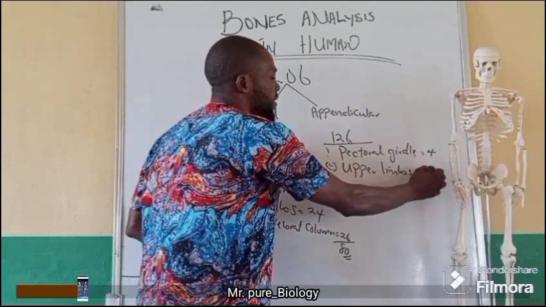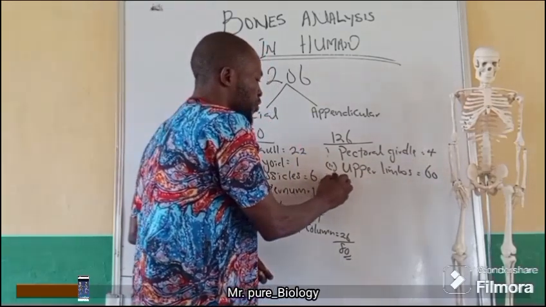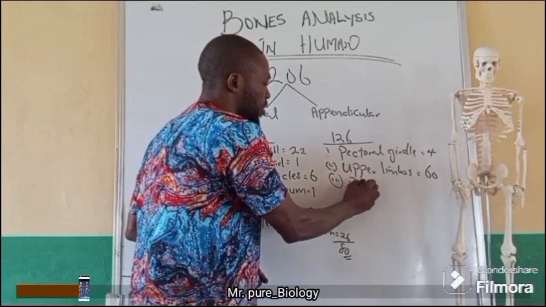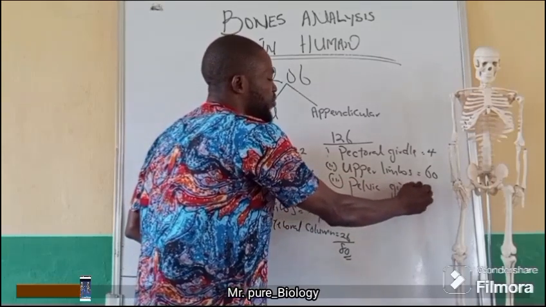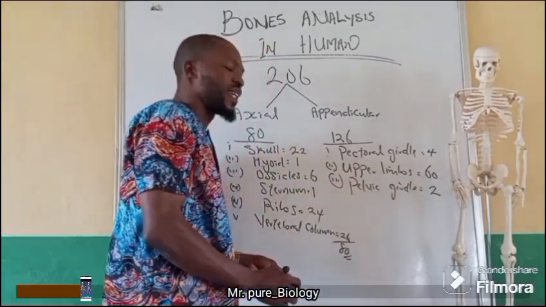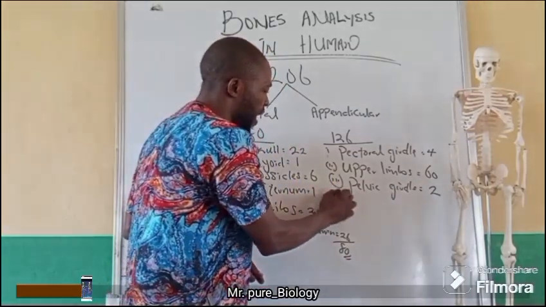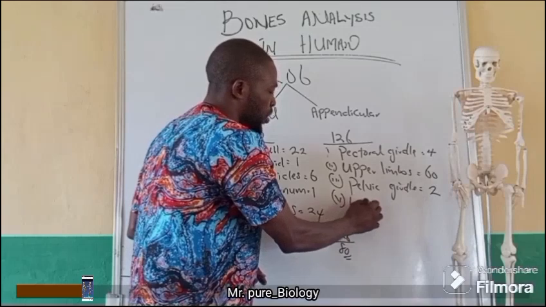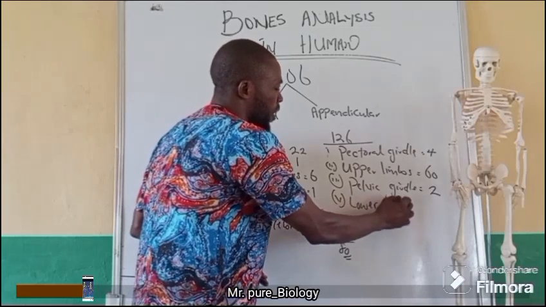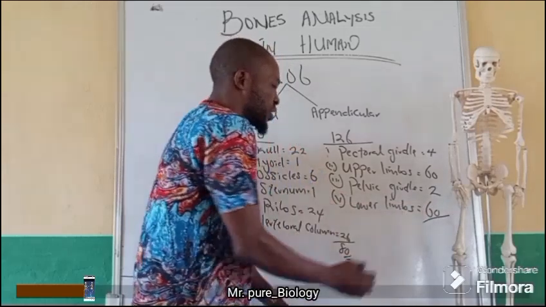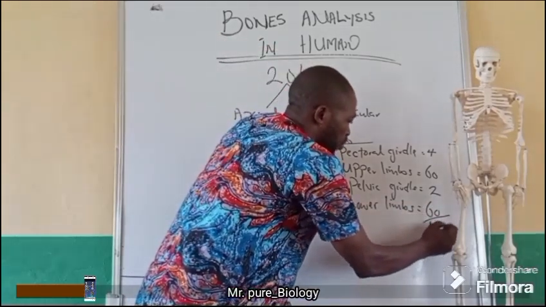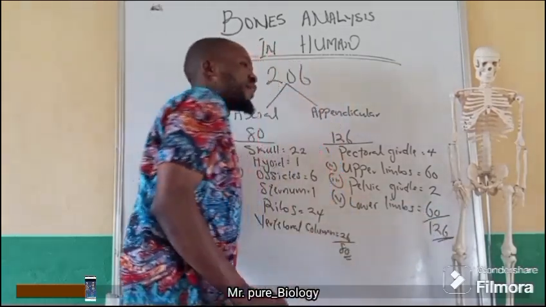Upper limbs are 60 bones. Then we also have the pelvic girdle. Pelvic girdle is 2 bones. Now the last one we have is the lower limbs. Lower limbs are also 60 bones. By calculation, we are going to have 126 bones that form this.